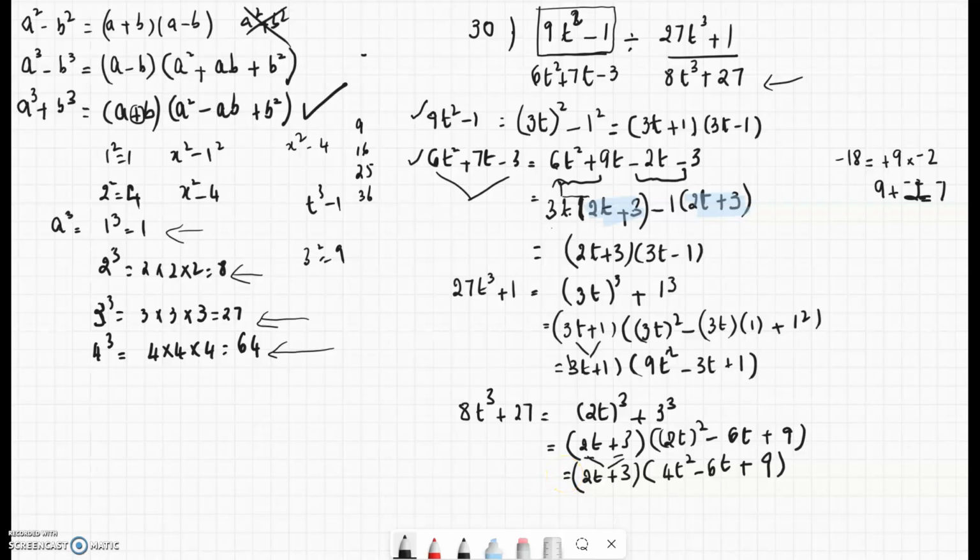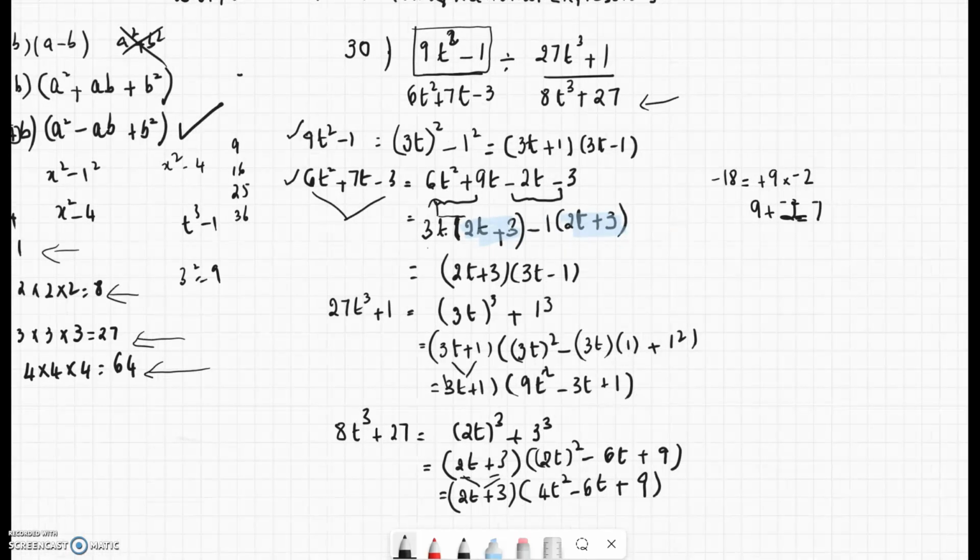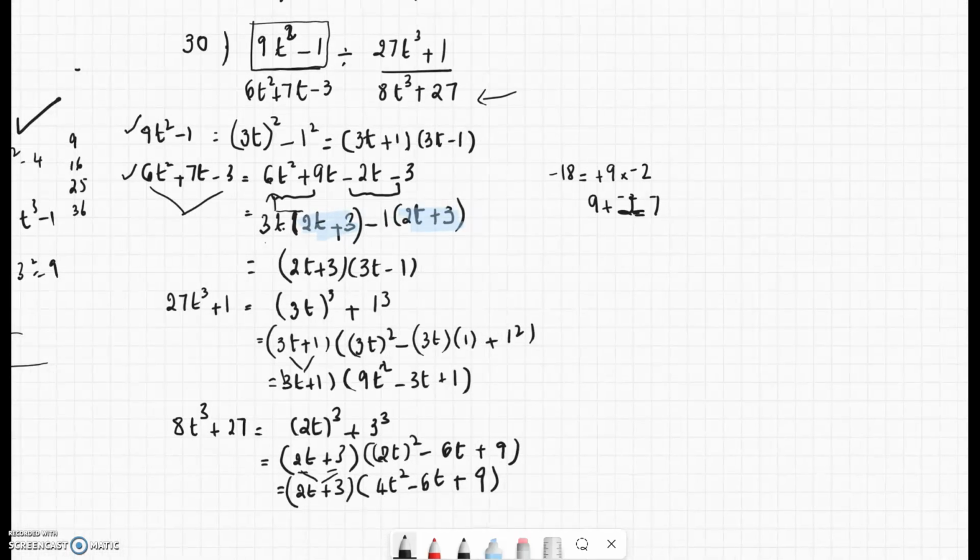So now we've factored everything. Now let's look at this expression. So that's 9t squared minus 1 over 6t squared plus 7t minus 3.